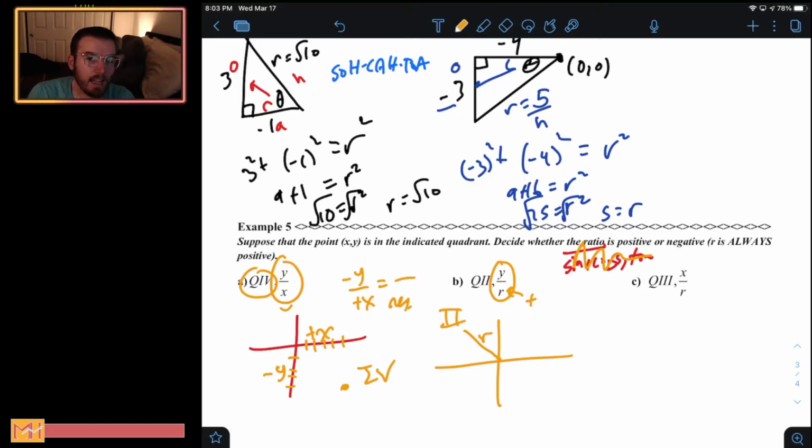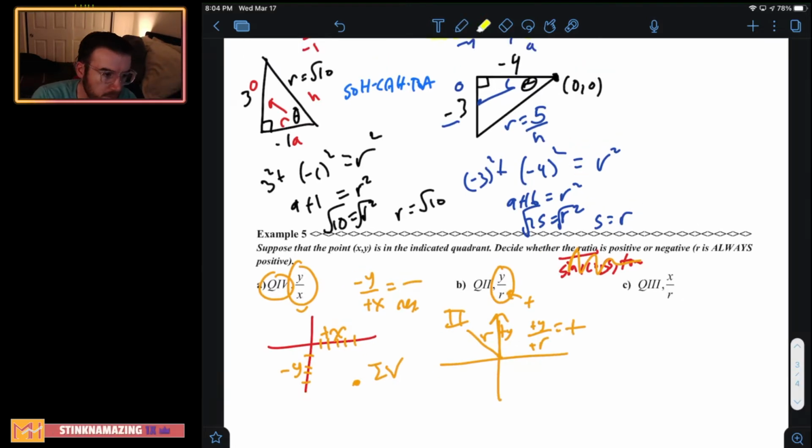It's the x and y when we go left, a negative x, or down, a negative y, that causes a negative value. But r is always positive, and we're in the second quadrant, so we went up to a positive y value. So we have a positive y over a positive r. The result is positive.